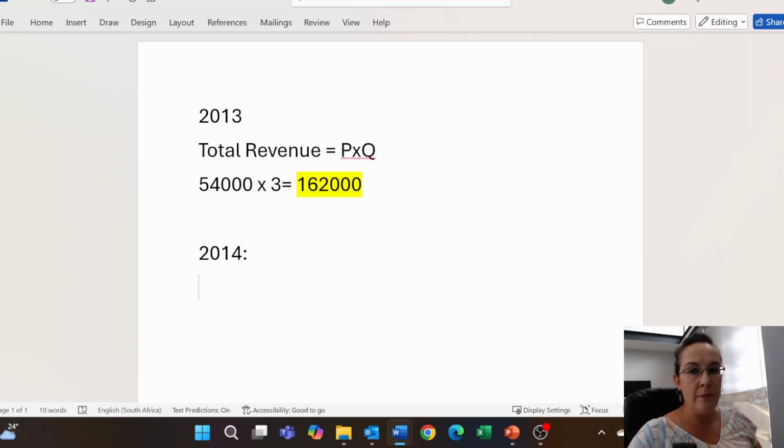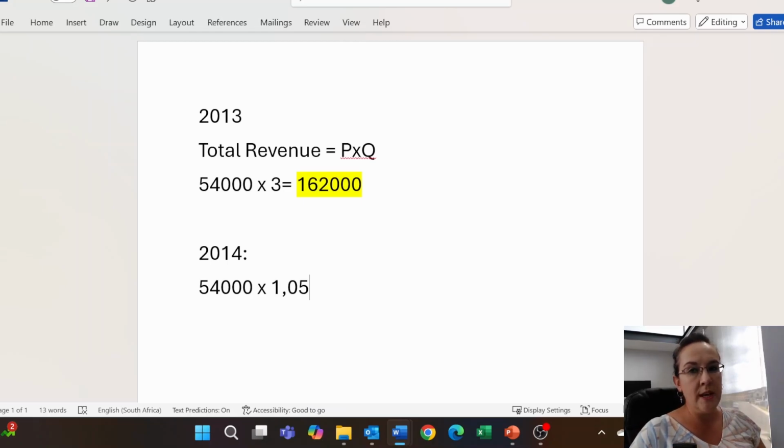Let's look at the information given for 2014. In 2014, there has been an increase of 5% in the volume of sales in market A. We are going to take the 54,000 units and work out a 5% increase on the 54,000 units. You can take a longer route by actually taking 54,000 units times 5%, get the 5%, and then add it back to the 54,000 to get the new volume.